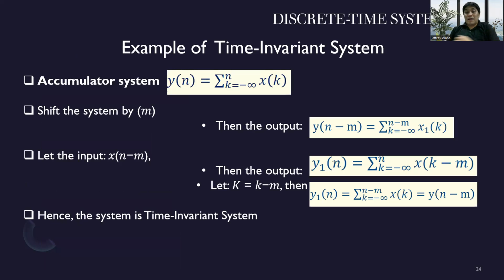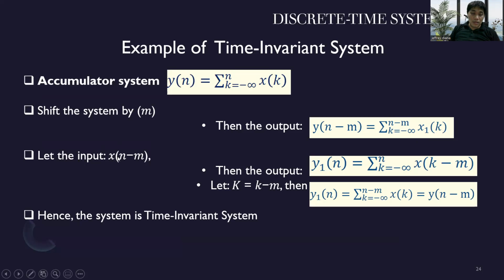For the example of time invariant systems, the accumulator system, the formula is y[n] = the summation of k = negative infinity to n of x[k]. So for the shift of the system by m, the output y[n - m] = the summation of k = negative infinity to n - m of x[k].